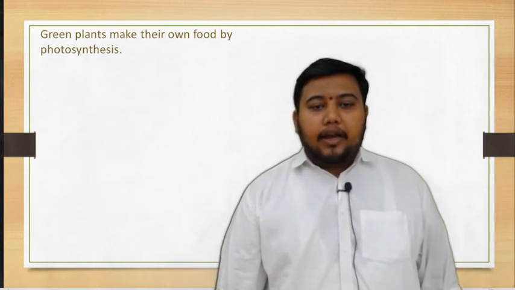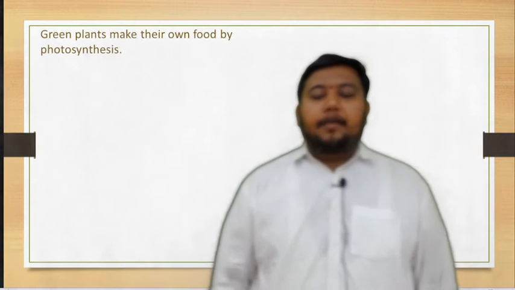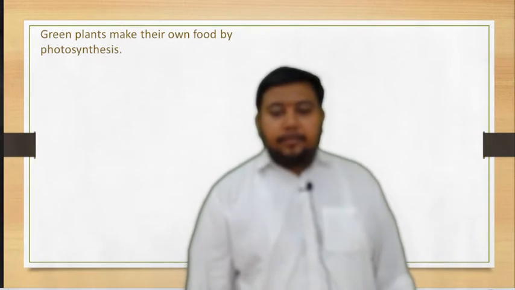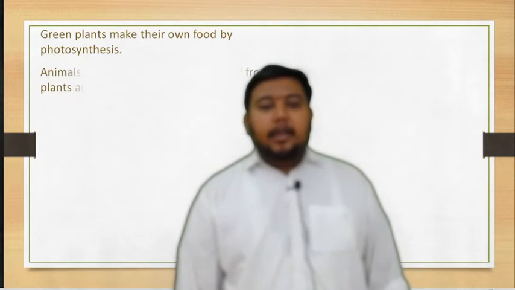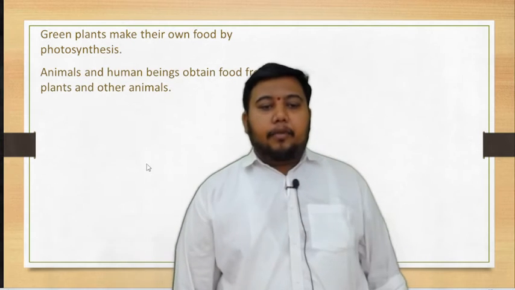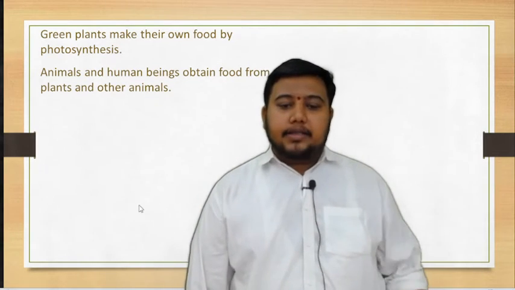Green plants make their own food by the photosynthesis process. And animals and human beings obtain their food from the plants and other animals.